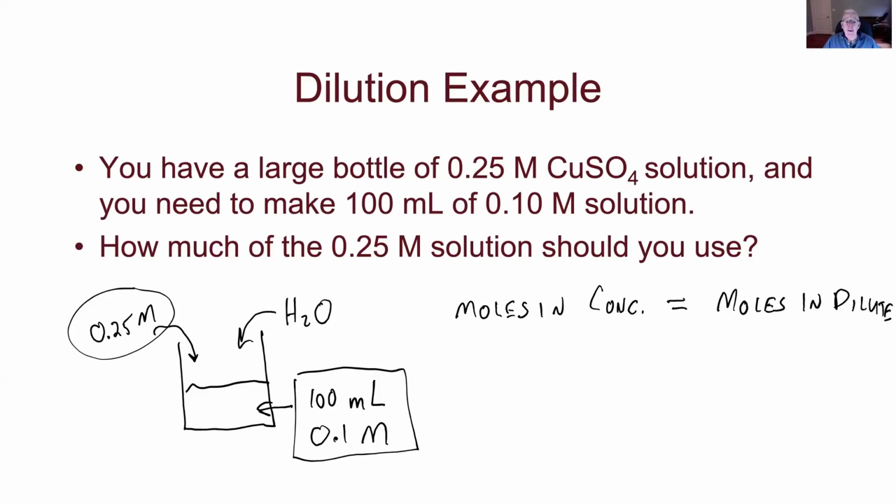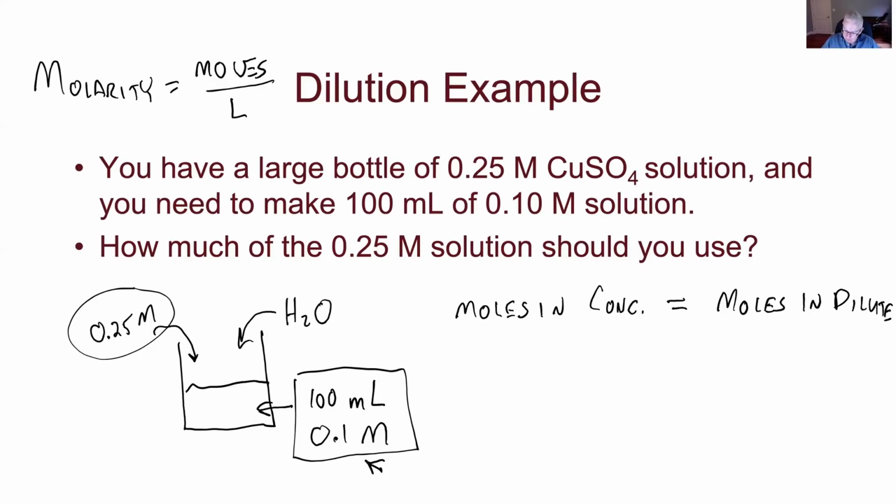Right. What I know is for the dilute solution over here, I know its molarity and its volume. Remember, molarity is moles over volume, over liters. So if I multiply molarity times liters, I get moles.